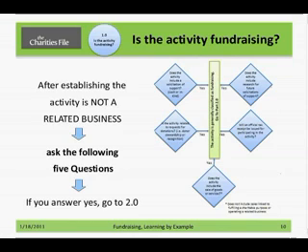Those are all fundraising expenses because they deal with a solicitation of support. This also includes any research or planning involved in solicitation of support, so any expenses related to that need to be considered part of your fundraising expenses.